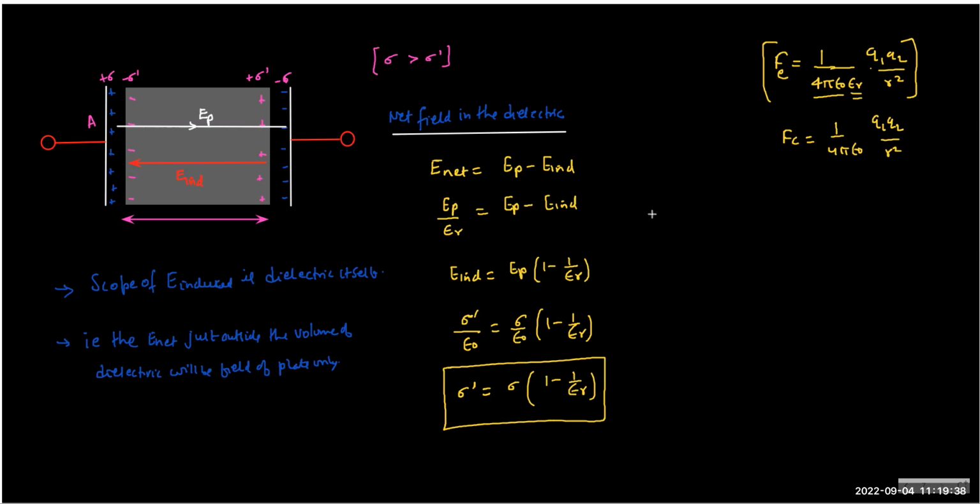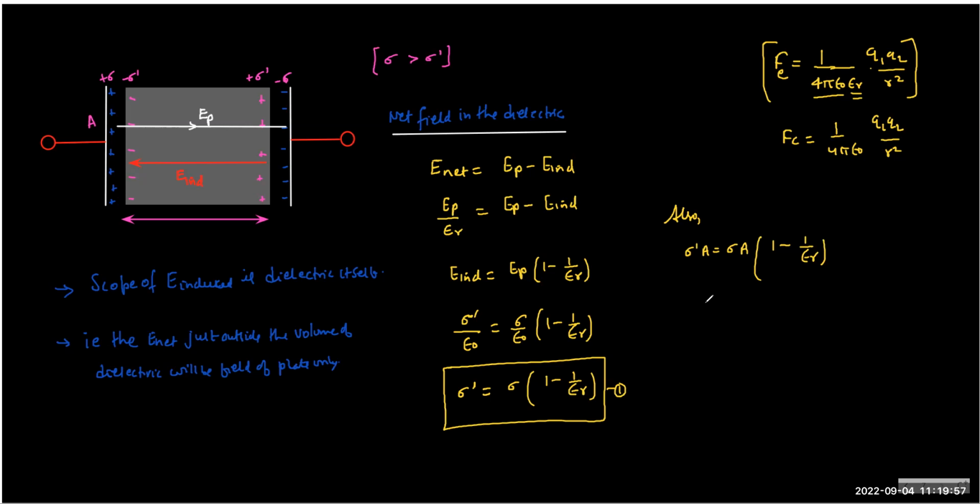The second relation is if I multiply this equation with area, because it is the same area, sigma dash into A equals sigma into A into (1 minus 1 by K).